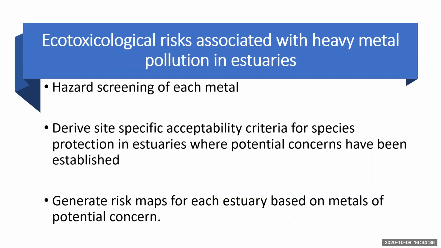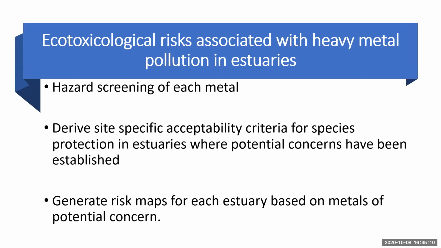So the next thing was to look at any ecotoxicological risks that are associated with the heavy metal pollution in each of these estuaries. So we used the AquaRisk model to do what we call a hazard screening of each of the metals. What the AquaRisk model does is that it uses a three-tiered approach to characterize an element as to whether it poses risks to the ecosystem or not.